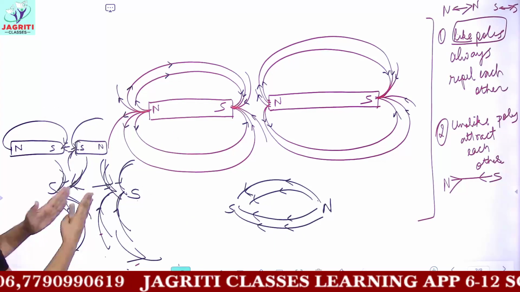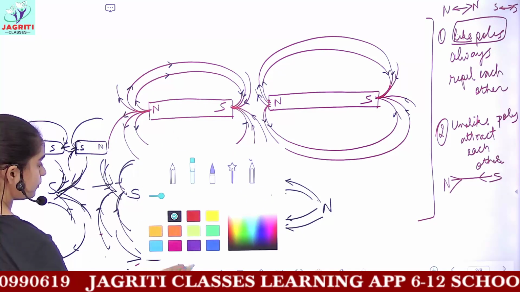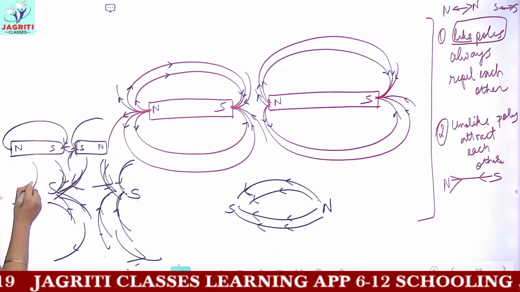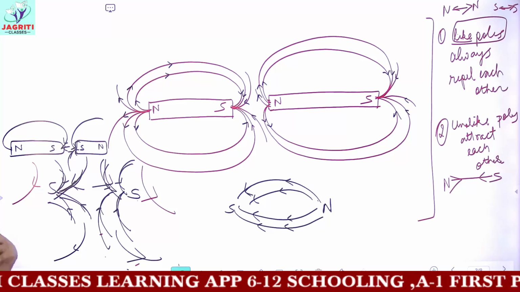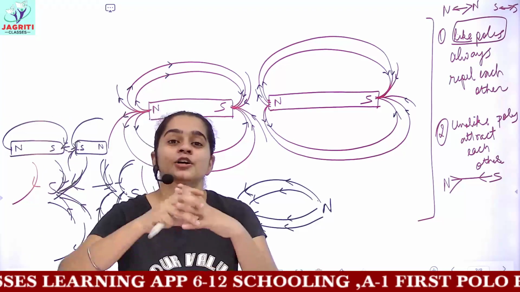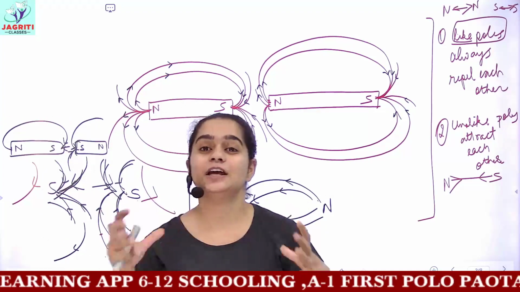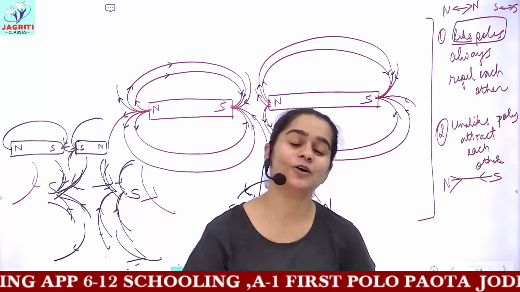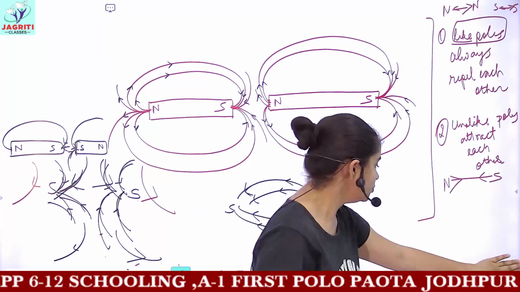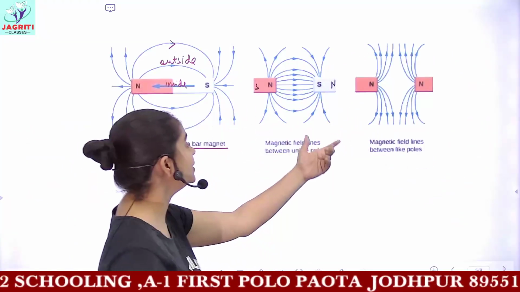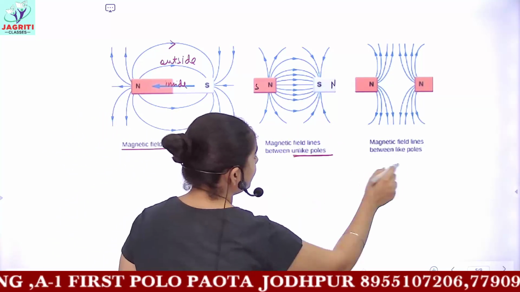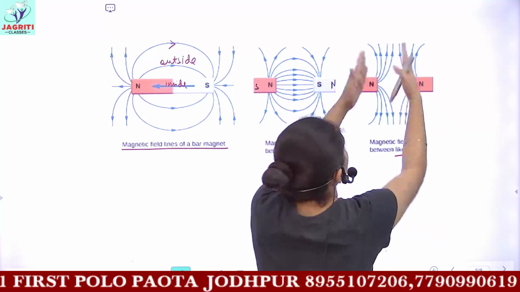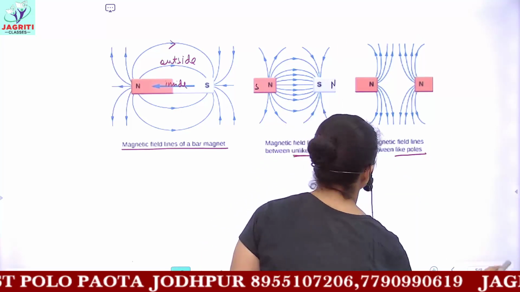And here, because the directions are opposite, one in this manner, the other in this manner, you have two kinds of opposing forces, and therefore the phenomenon of repulsion is observed. Okay? So you can draw the figure in this manner, that magnetic field lines between unlike poles are in a circular loop, whereas between like poles they oppose each other or they repel each other.